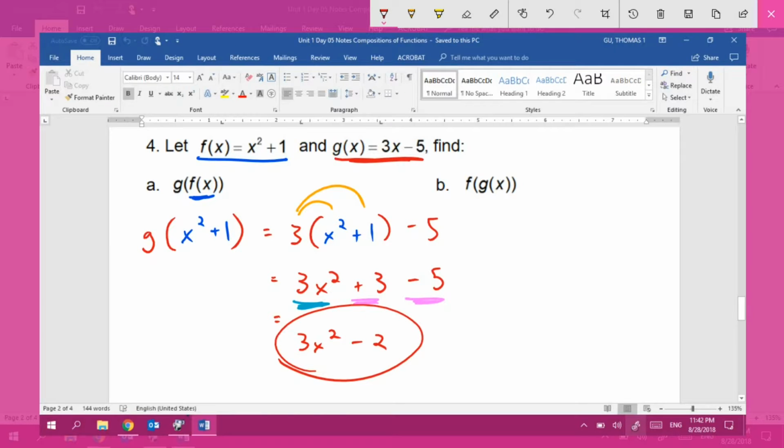Now we're going the other way, f of g of x. So look at the inside first. That's going to be g of x. What is g of x? So we can see right here, g of x equals 3x minus 5. So we can replace this g of x with the 3x minus 5.